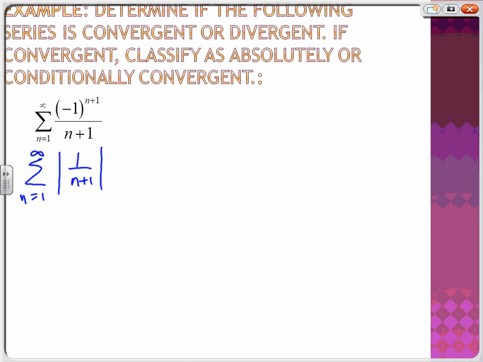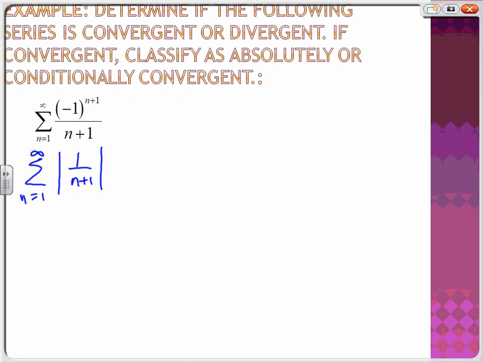No. Try again. No. Try again. Take a guess. It's harmonic. The integral test. This is the most common integral test, 1 over n plus 1. It's the most common one that you're going to use the integral test for.